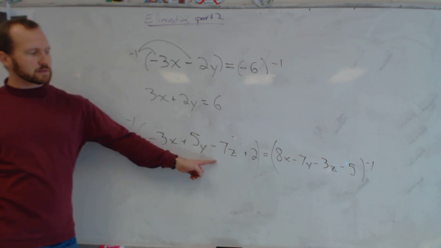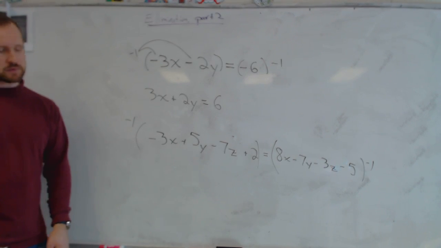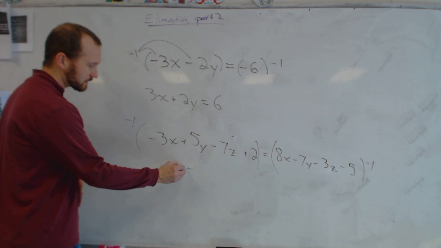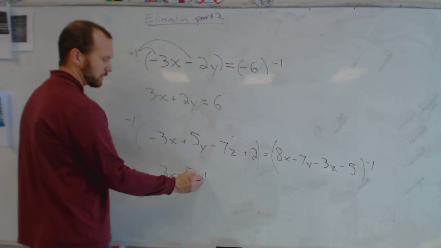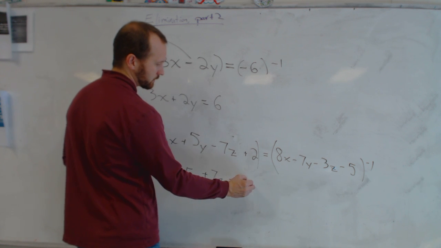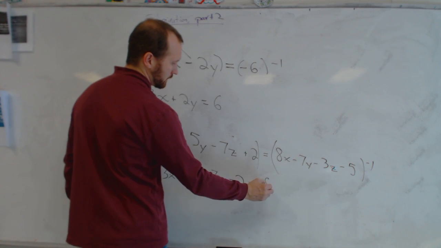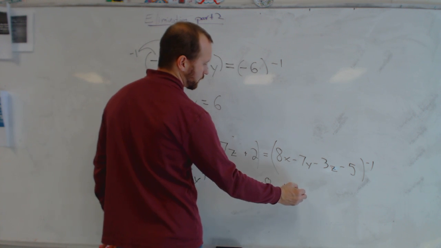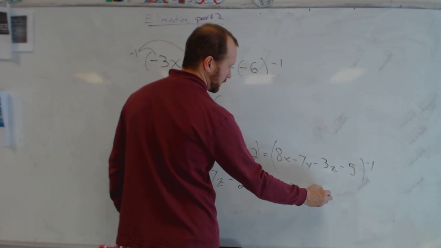What do I get over on this side? Everything times negative 1: 3x minus 5y plus 7z minus 2 is negative 8x plus 7y plus 3z.